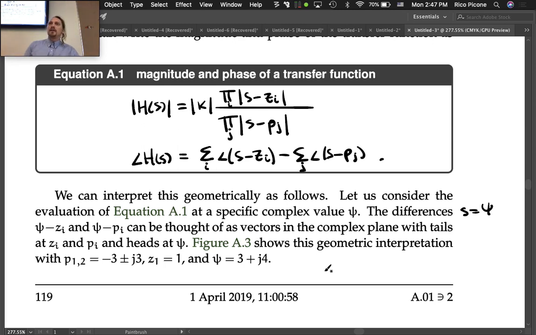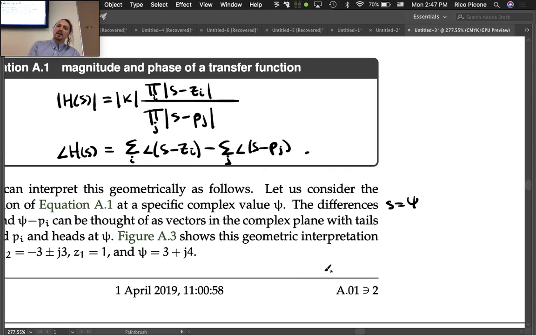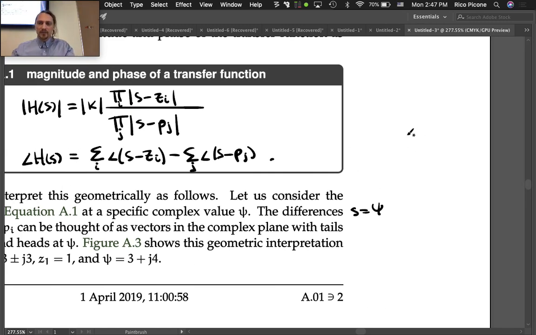So let's unpack that for a second. We've got the complex plane. If you think of things in the complex plane as being vectors, then a complex number, let's say 2 plus j2, this is 2, and this is 2.